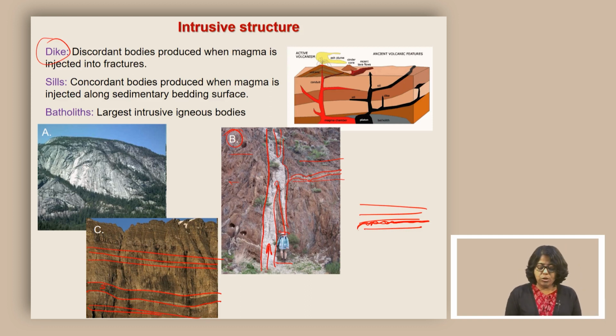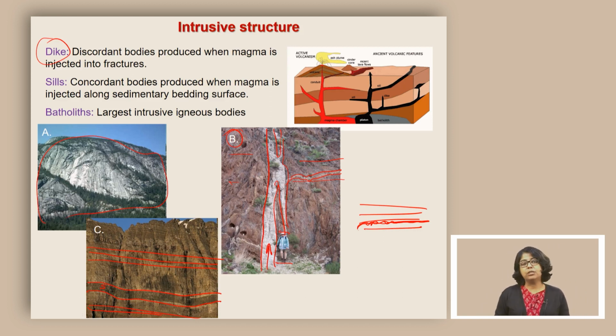In contrast to these dikes and sills, which are relatively narrow structures and often show a pattern where they are moving along the fractures either parallel to the bedding plane or perpendicular to it, batholiths are large bodies. This is an example of a batholith. The entire structure is a batholith. It is a large intrusive igneous body.